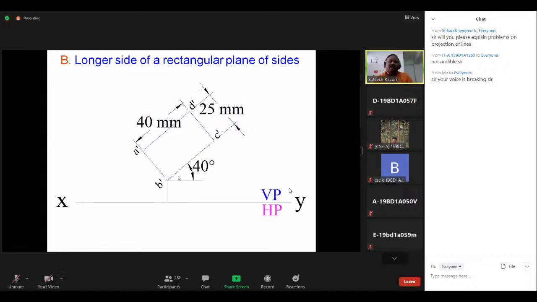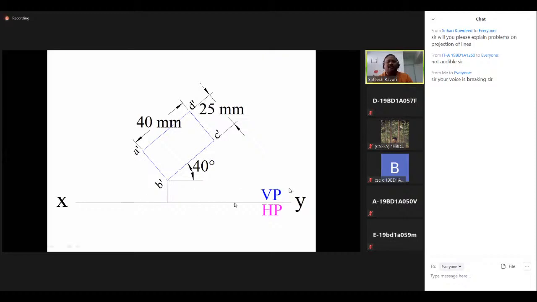So you have to take it like this. Earlier it was drawn horizontally, parallel to XY, but now, as clearly mentioned that it is making 40 degrees with HP, you have to draw B dash C dash with 40 mm length at an angle of 40 degrees. So with this base edge as a reference, you can finish the rectangular shape A dash, B dash, C dash, D dash with 40 mm and 20 mm size.